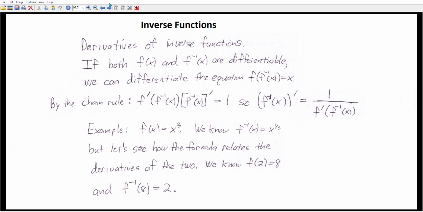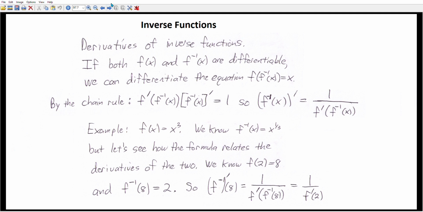So if we look at the relationship here, what we're going to get is f inverse prime at 8 is going to be 1 over f prime of f inverse of 8, and we know that f inverse of 8 is 2. So it says the derivative of f inverse when x equals 8 is 1 over the derivative of f when x equals 2.